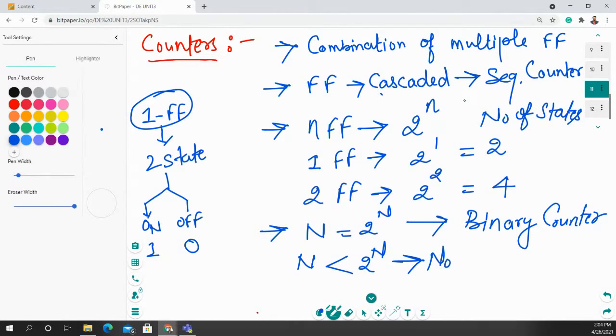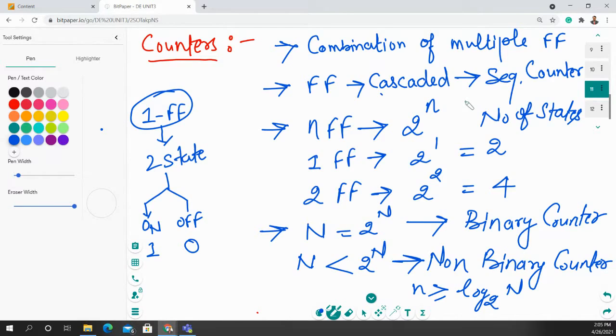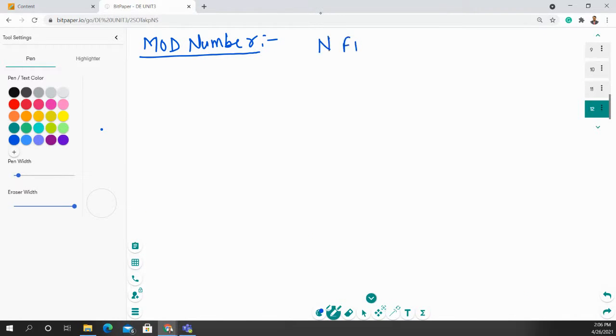We can call it a non-binary counter, and n can be represented by n greater than or equal to log base 2 of the number of states. If you have n number of flip-flops, then 2 raised to n is your number of states.